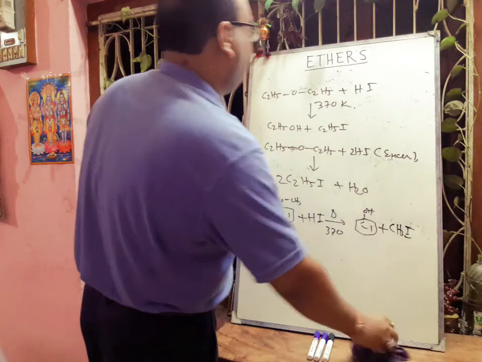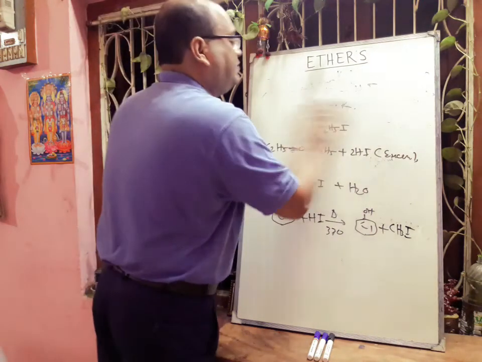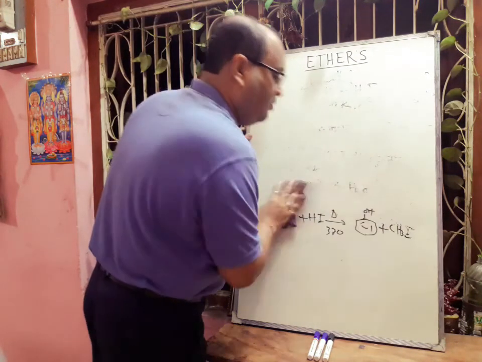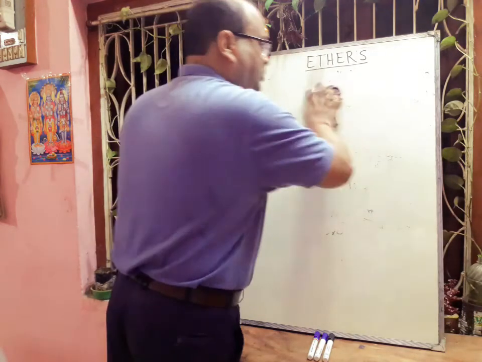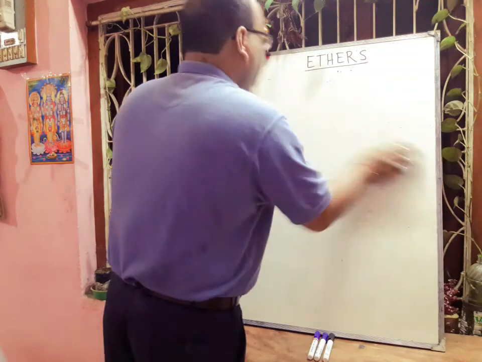Whatever we are discussing, all are cleavage of the CO bond. Actually, the CO bond is very much stable. We are using acid here, so oxygen will be first protonated, then there will be substitution reaction.